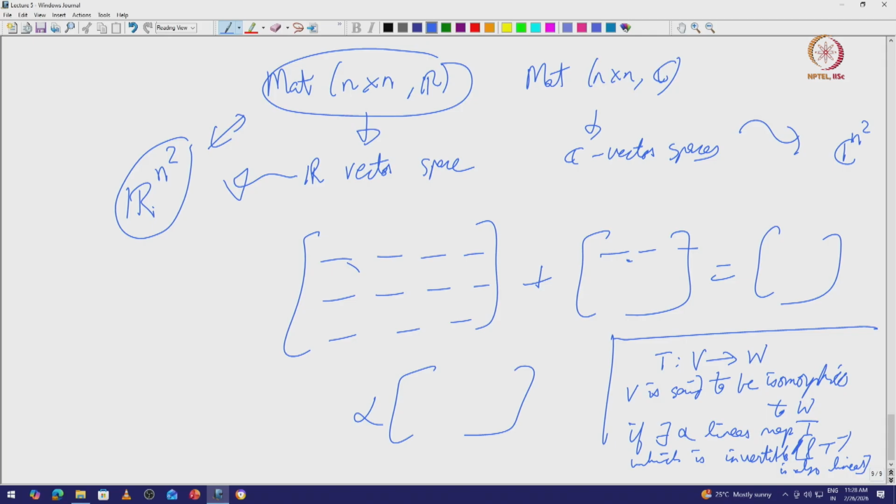So you can talk about norms on the space of all matrices. This is a perfectly sensible concept because matrices form a vector space, right?